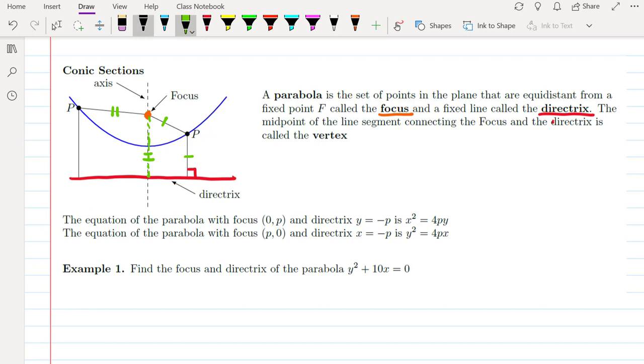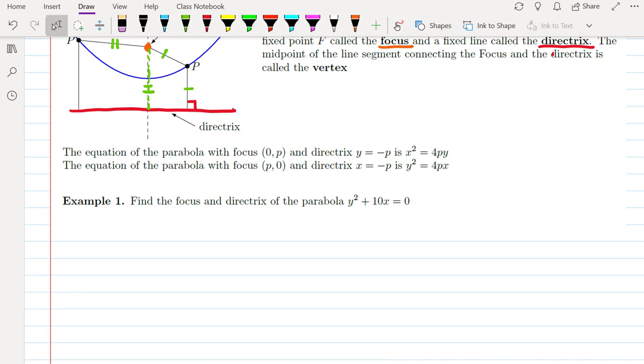So the equation of a parabola with its focus at the point (0, p) and directrix y equals negative p is given by x squared equals 4py, and the equation of the parabola with focus (p, 0) and directrix x equals negative p is y squared equals 4px.